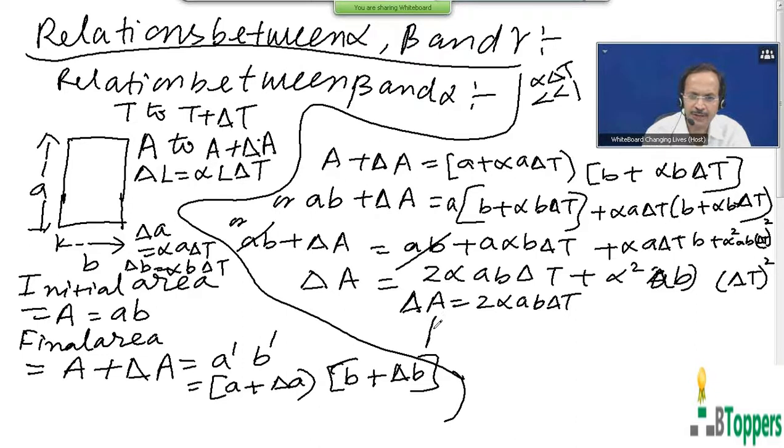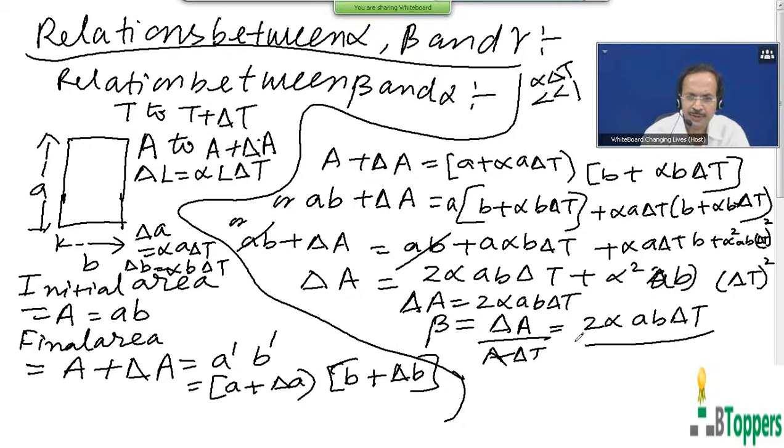From the definition, the average value of the coefficient of areal expansion you can write as delta A by A into delta T. So delta A you can write as 2 alpha ab into delta T, and original area A you can write as a into b.